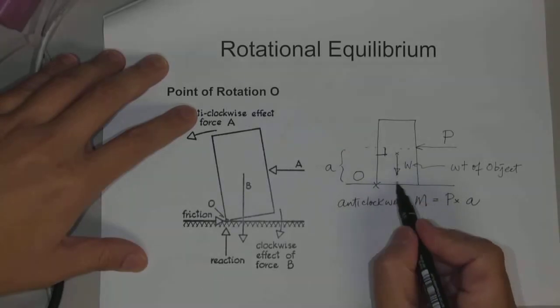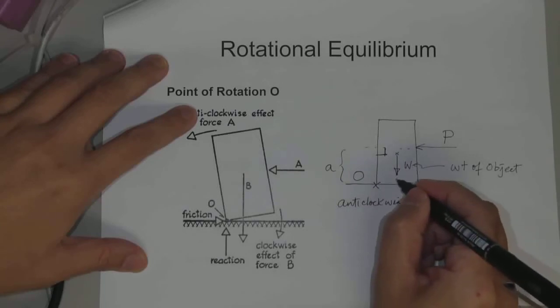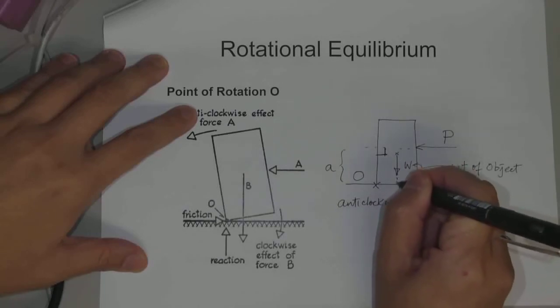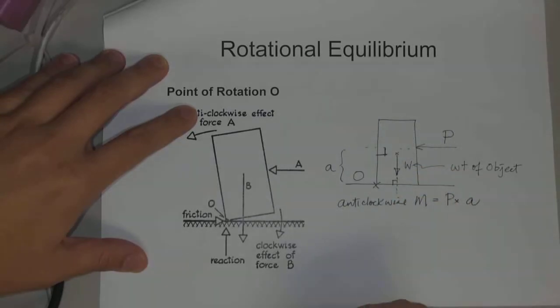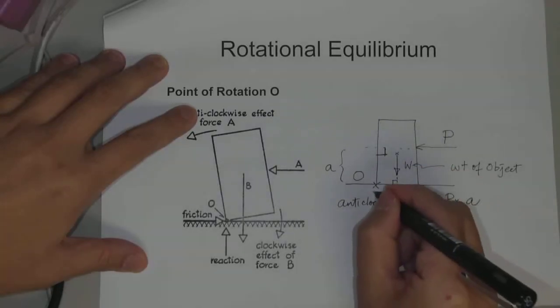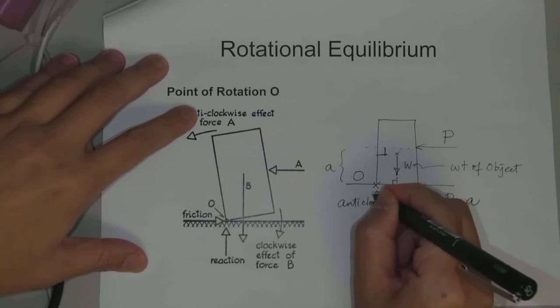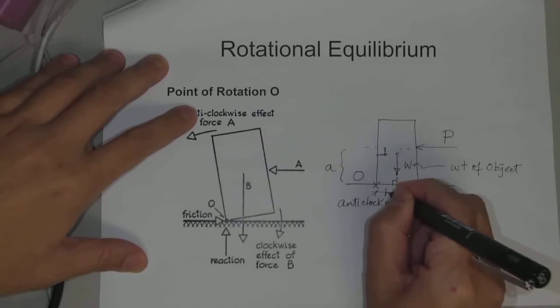That load, force, weight, is at a perpendicular distance from O. That distance is my little b.